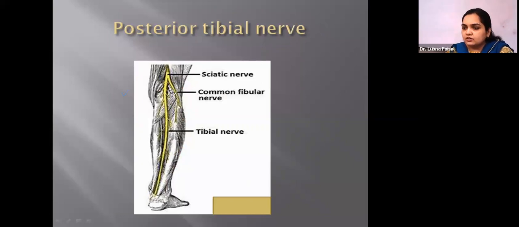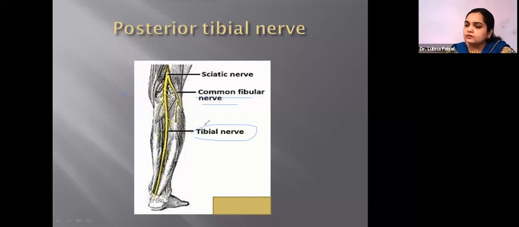This is a slide showing the continuation of the sciatic nerve. As I told you in the course, initially it originates from the lumbosacral plexus, then it passes through the greater sciatic foramen, then the ischial spine, and then it enters into the popliteal fossa. These are the terminal branches. Here you can easily identify the tibial nerve, and this is the common peroneal fibular nerve.